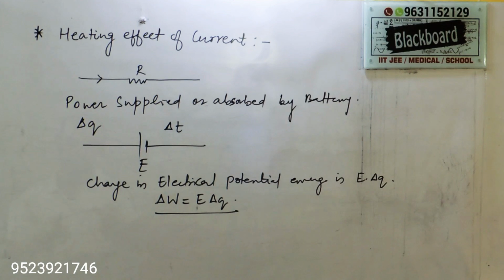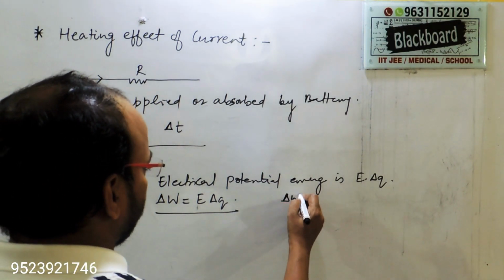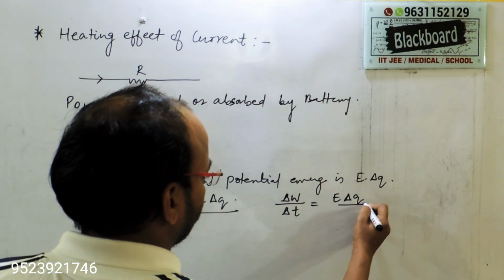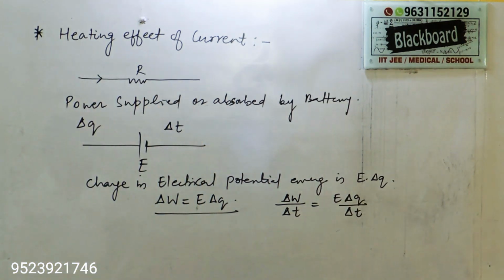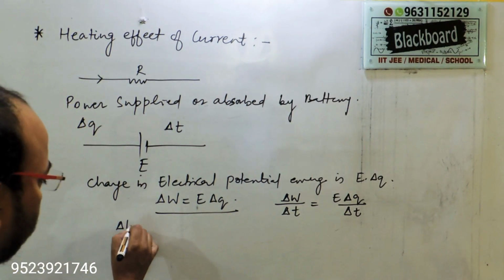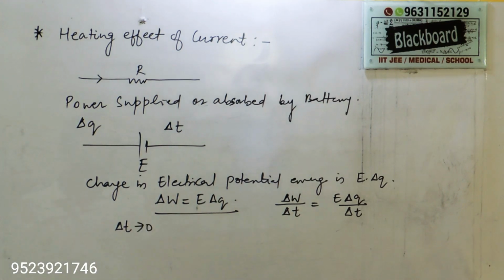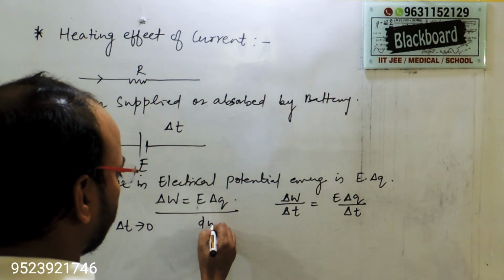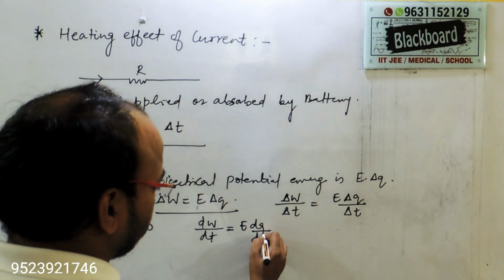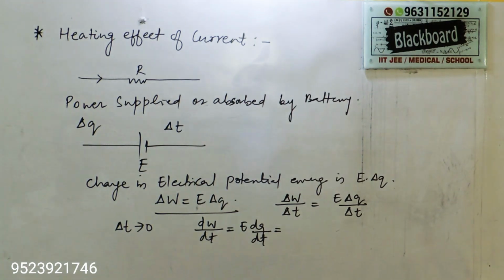And if you divide both sides by delta T, you will get delta W by delta T is equal to E delta Q divided by delta T. Here, if you put the limit delta T tends to 0, that means the time interval tends to 0, it becomes dW/dt is equal to E dq/dt, and dq/dt is the rate of change of charge with respect to time, which is current.